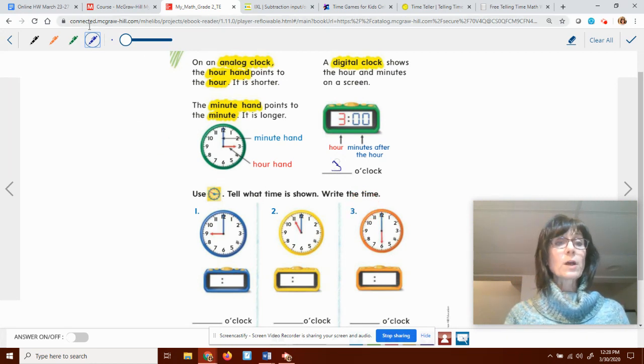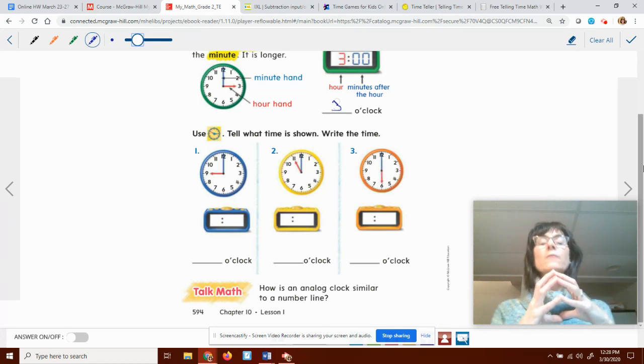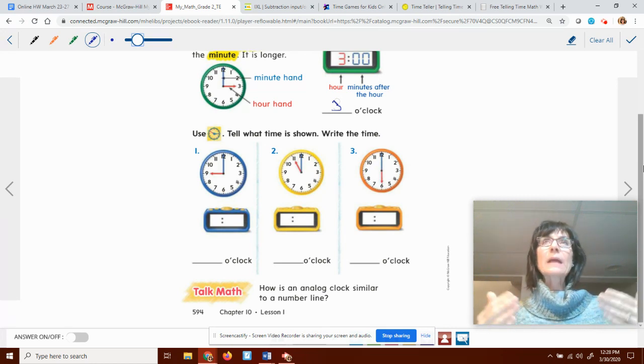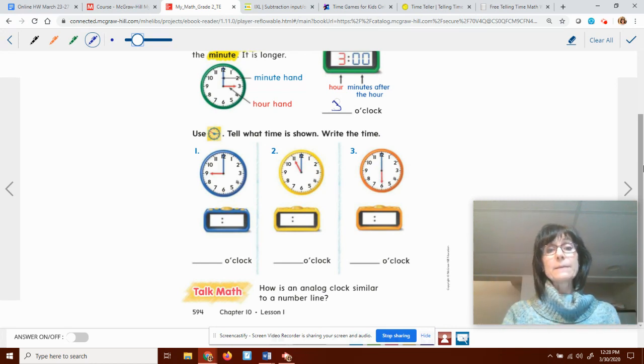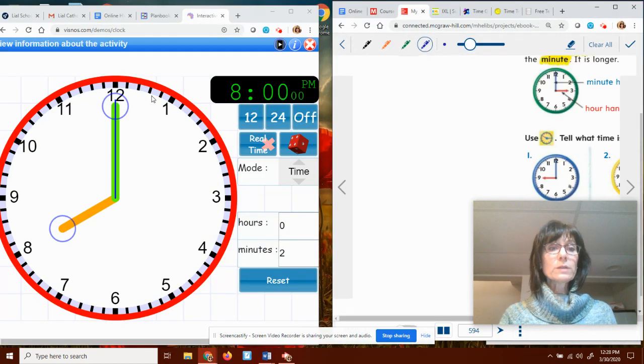Let's look down below. Down below it wants us to use a Judy clock, those little round clocks that you may have seen in my classroom previously. What I'm going to do is show you a website that you can get on to actually see your own clock.